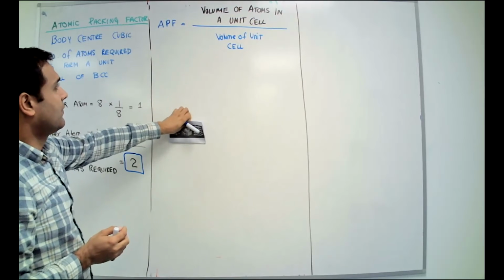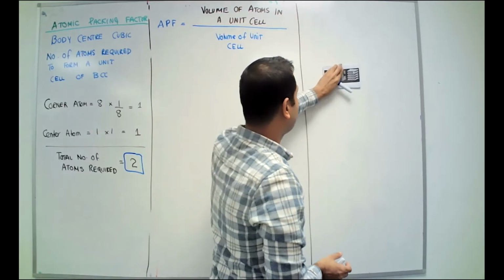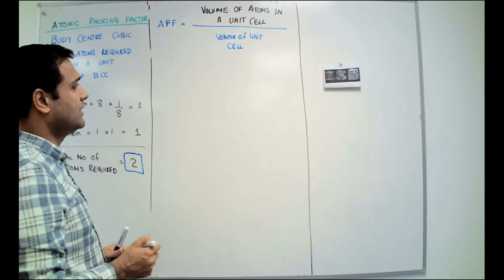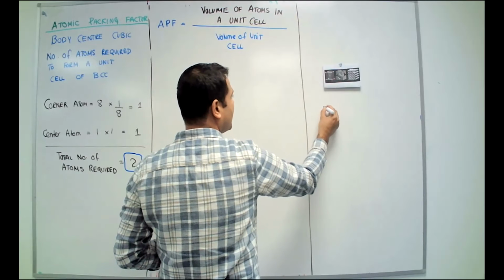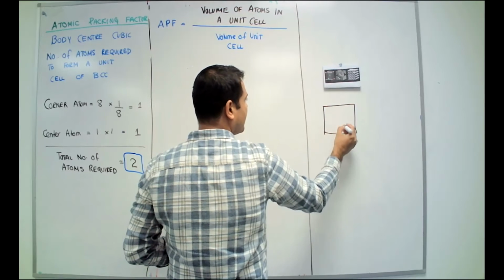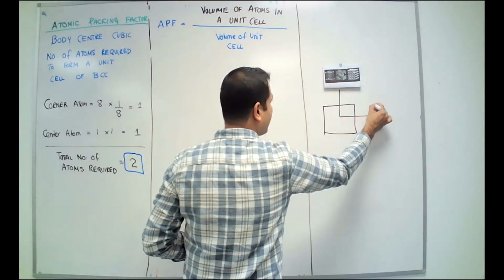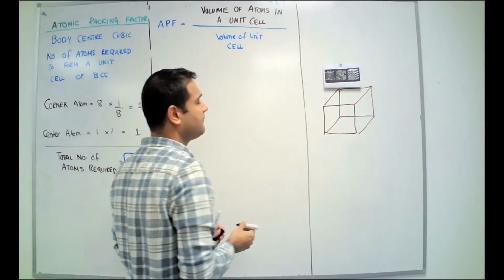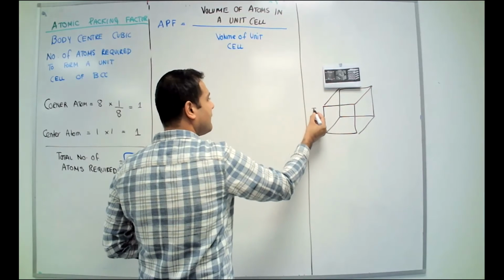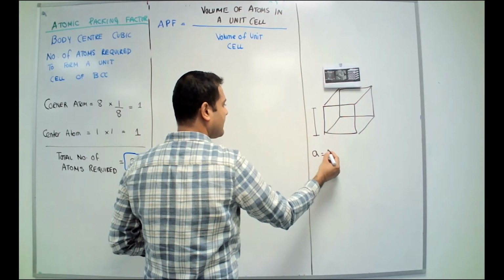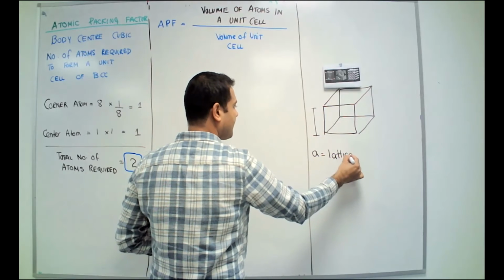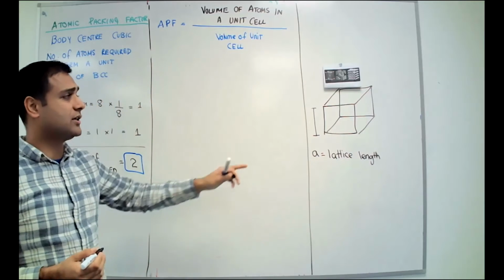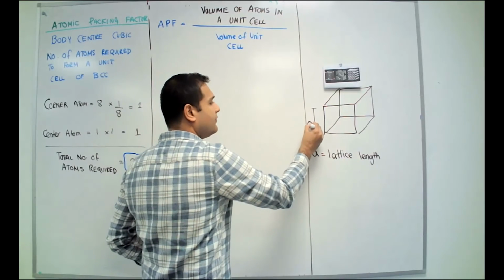Now if I redraw the unit cell on this side, let's imagine we have a cubic unit cell, where a is the dimension of this cube.